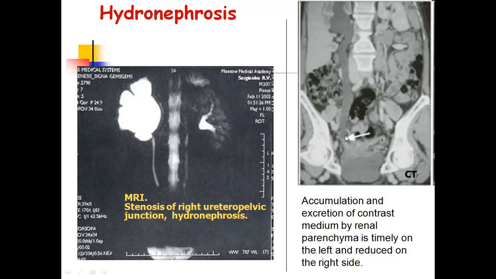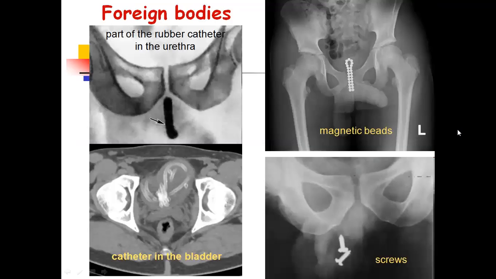And here is shown the level of urinary obstruction. It's the lower part of the right ureter.